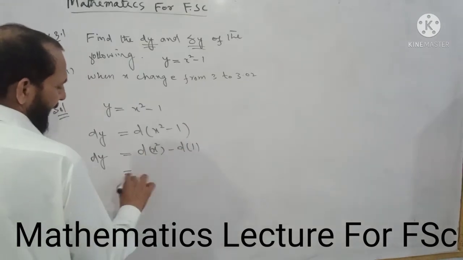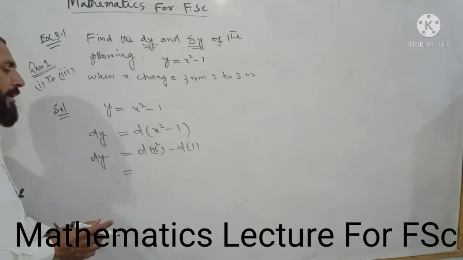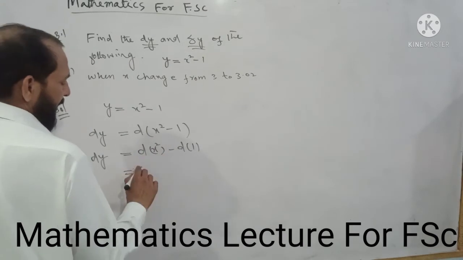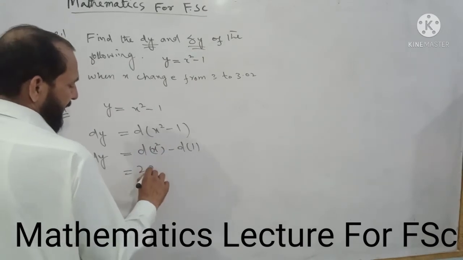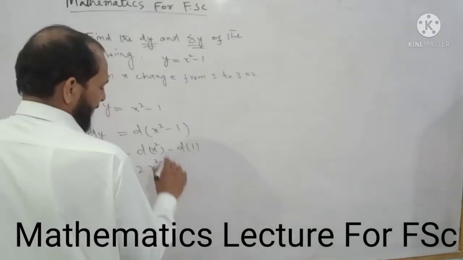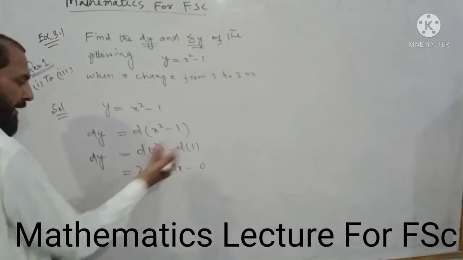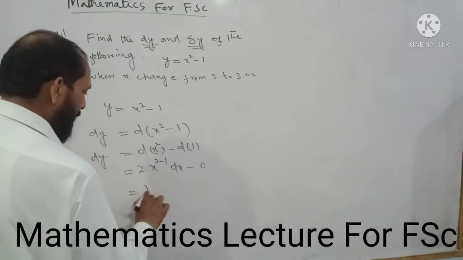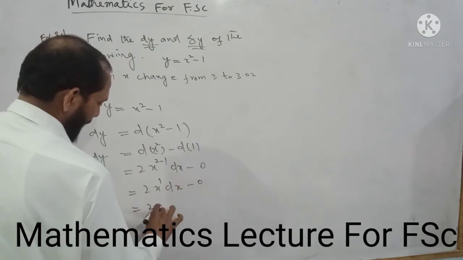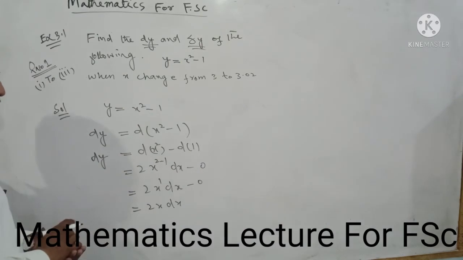So we use the power formula in the derivative: the power we write first, and decrease the power by 1, and further we have dx. Where 1 is the constant, so the derivative of the constant is 0. So we have 2x dx.